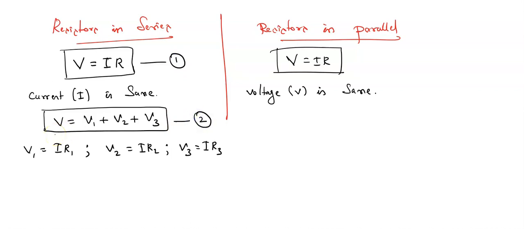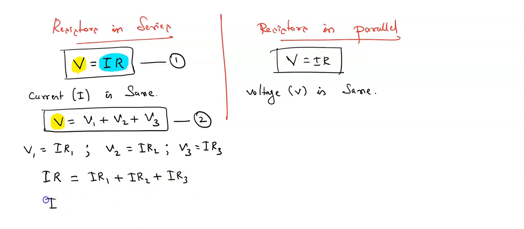Now what I am going to do is substitute equation 1 in equation 2. In place of V, can I substitute IR? What is V? V is IR. So in place of V in equation 2, I am going to substitute IR according to equation 1. IR is equal to, V1 is IR1, V2 is IR2, V3 is IR3.